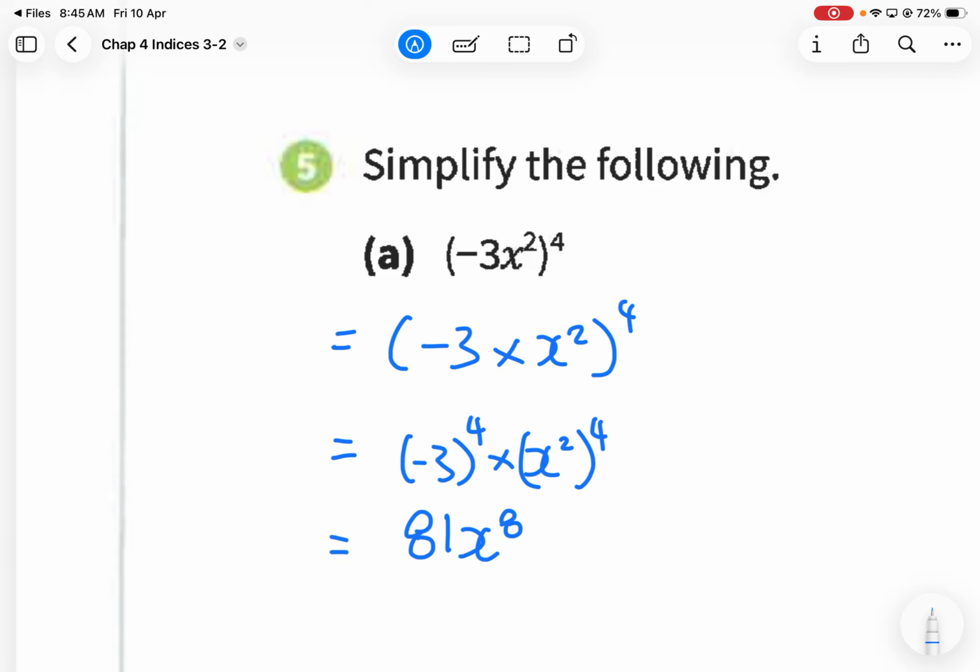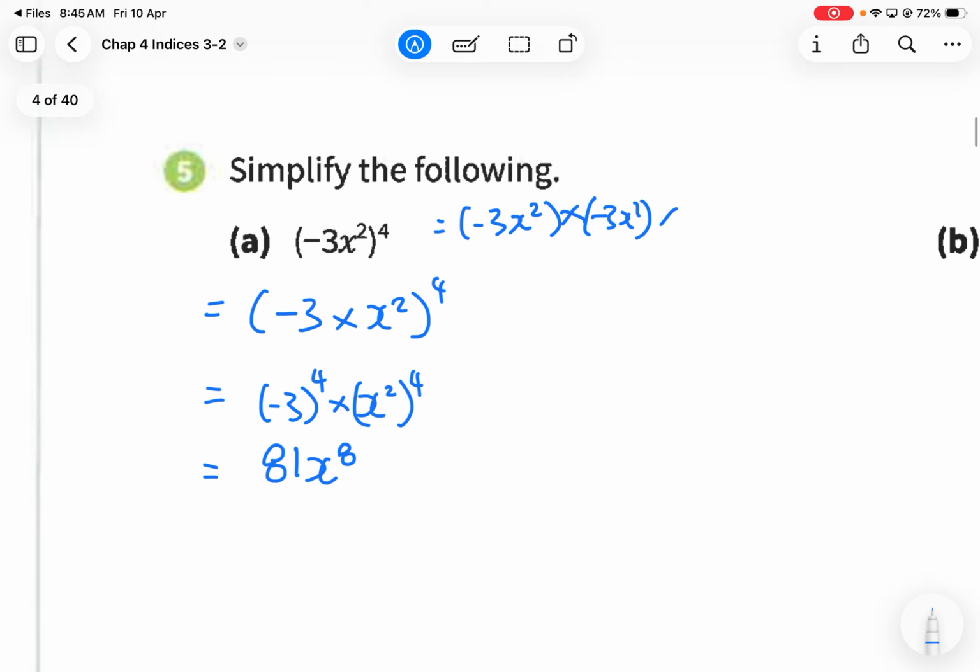Lexus got it correct because he expanded this out. He did minus 3x squared times minus 3x squared. He went back to basics and then got the answer.